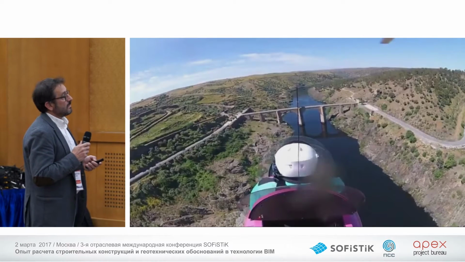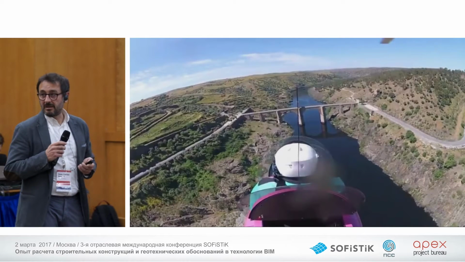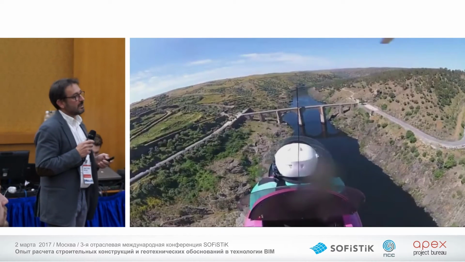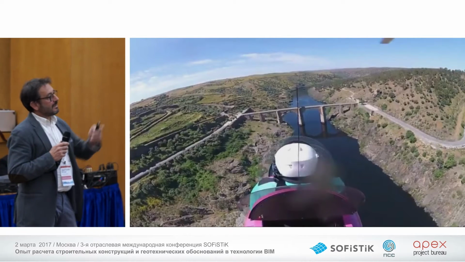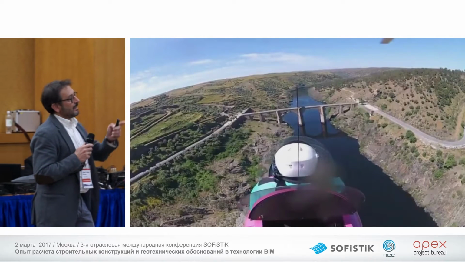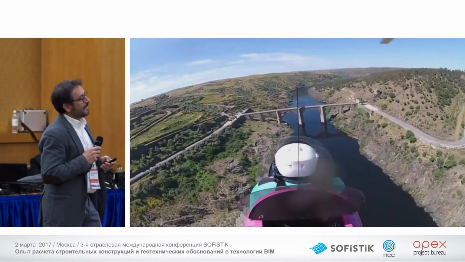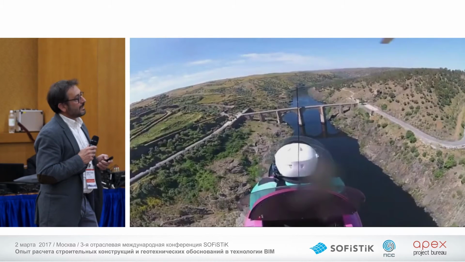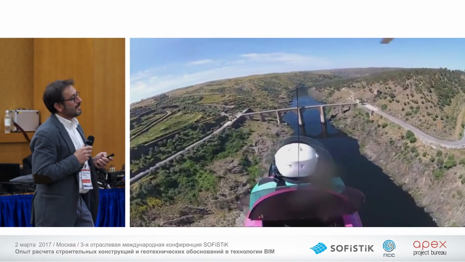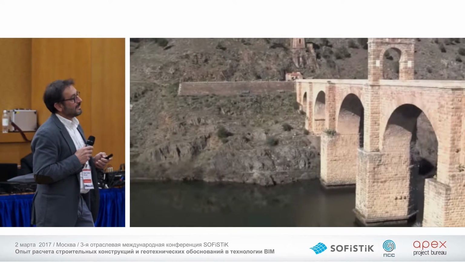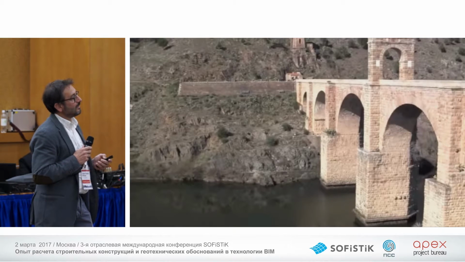It's a Roman heritage in Spain, in Extremadura, near Portugal. It's over the Tajo River. We are going to see the landscape before the design idea, that idea. And this is the Roman bridge, I tell you.